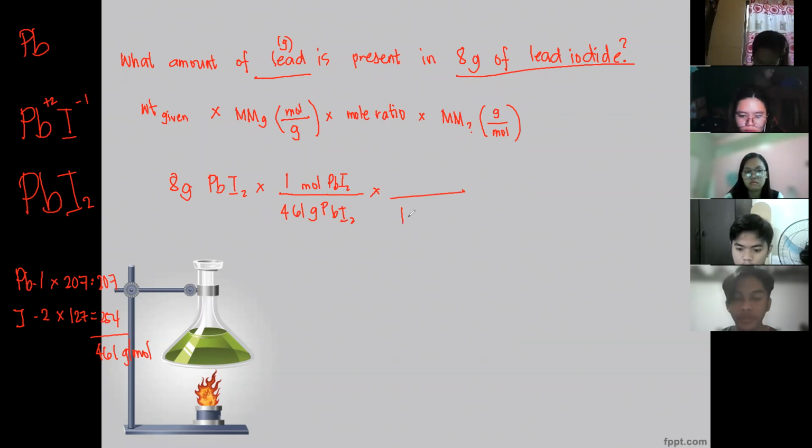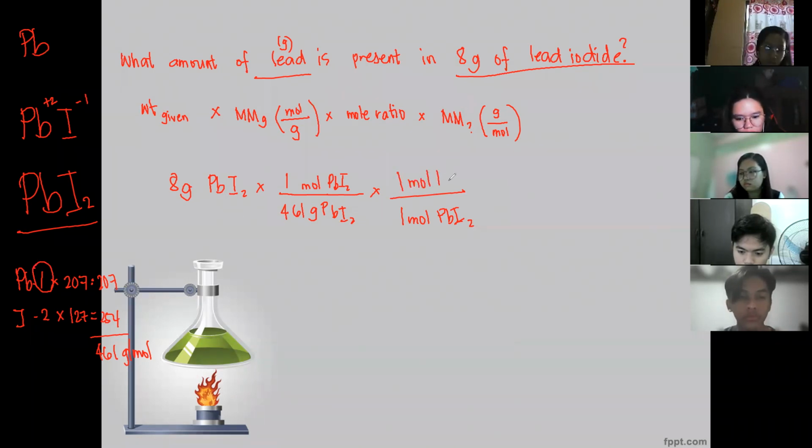Ang mole ratio ganito. Sa isang mole daw ni lead iodide, ilan dyan yung lead? Kung nakikita natin yung kanyang chemical formula, PbI2, pila ka buok lead ang nasa PbI2? 1. Nakita natin yan siya when we computed sa molar mass. Take note, isang atom lang siya dyan.